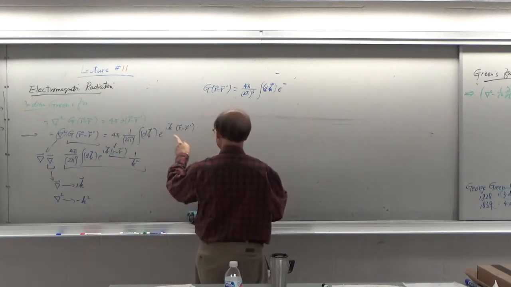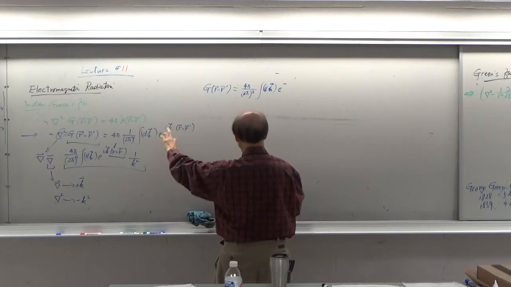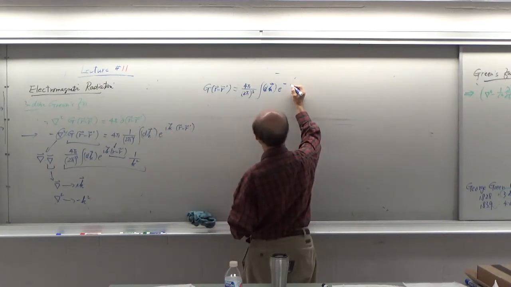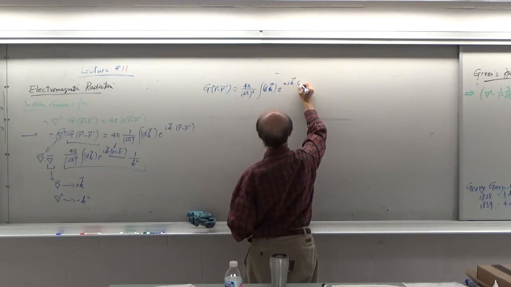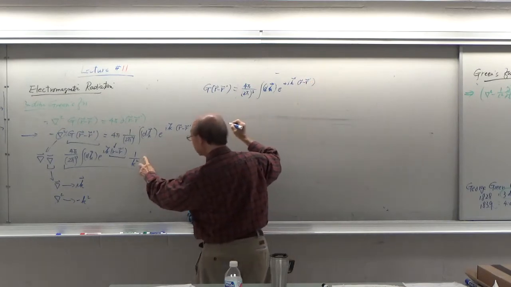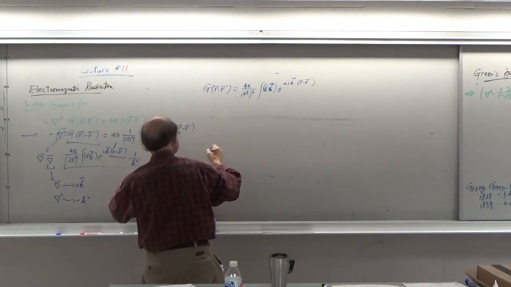It doesn't matter, since it's symmetrical between k and minus k, but plus i k dot (r minus r prime) divided by k squared.